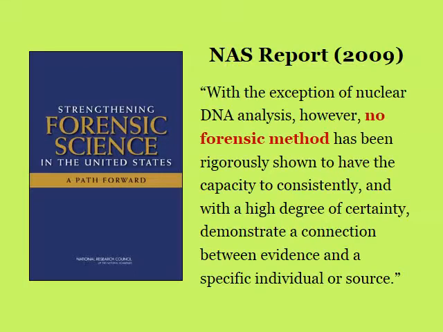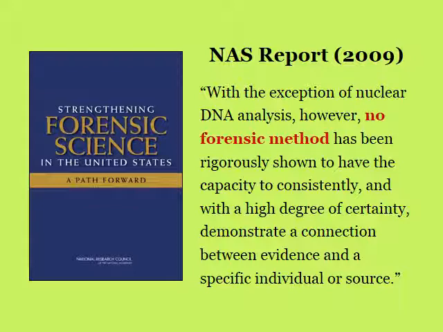So the conclusion is as follows. With the exception of DNA, so they recognize that DNA is very strong and has a strong scientific foundation, they say no forensic method, not fingerprints, not shoe prints, bite marks, handwriting, blood spatter, you name it, no forensic method has been rigorously shown to have the capacity to consistently and with a high degree of certainty demonstrate a connection between evidence and a specific individual or source.